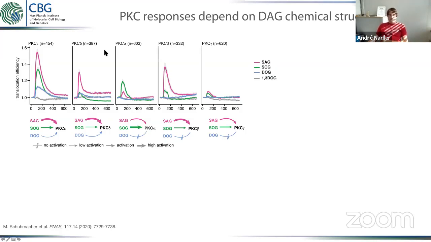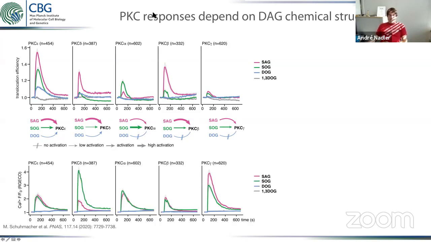One particularly interesting aspect is, for instance, the pair of PKC alpha and PKC beta, which are both very closely related classical isoforms, where you have opposing reactions to SAG and SOG. So basically the pattern that we observe here completely flips. So there seems to be a lot of selectivity in these patterns that we find.